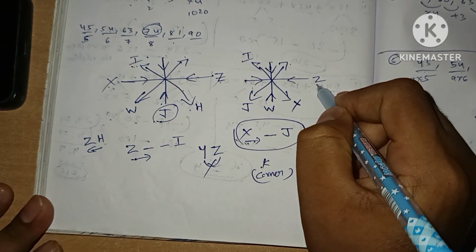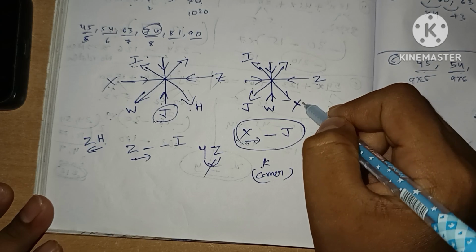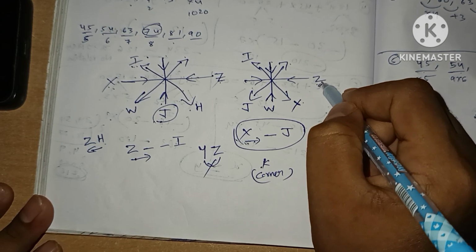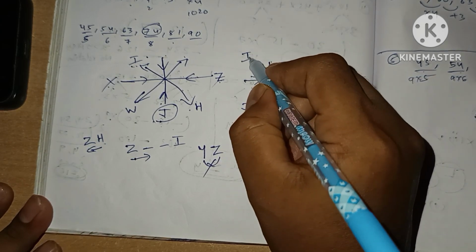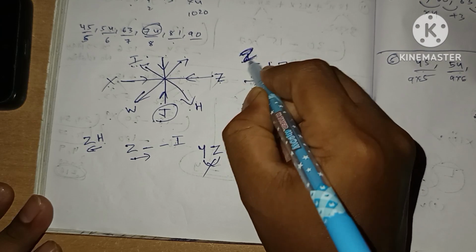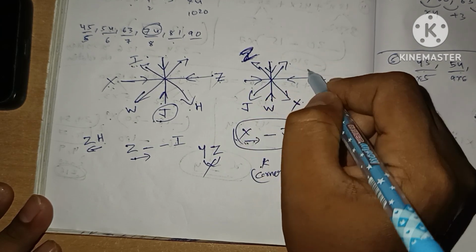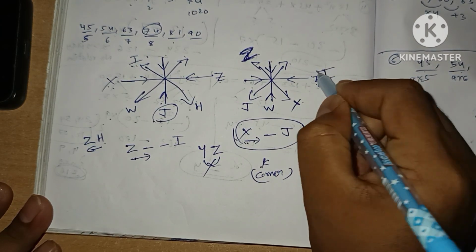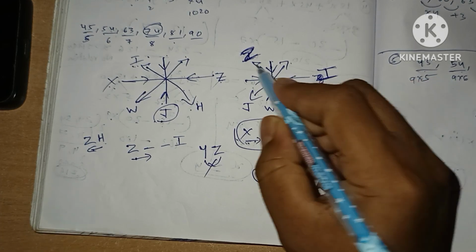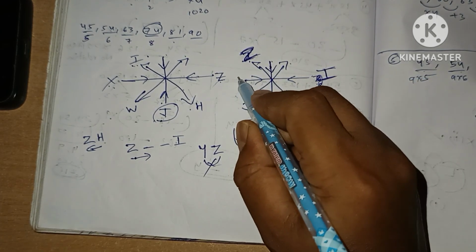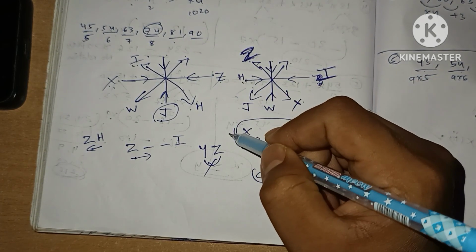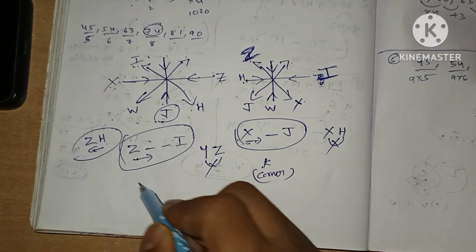Z is immediate left of H, so this is not the place for Z here. In this case, this is the place for Z. If we place Z here, 1, 2, 3, this is the place for Iti. Z is immediate left of H, so H's place is this one. So we have completed these two also.